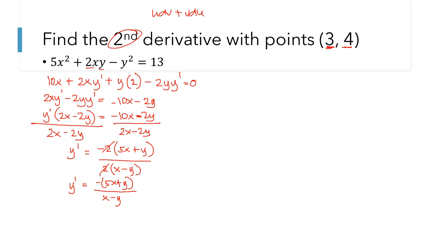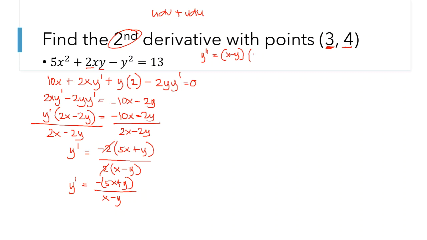So we have to use the quotient rule in finding our second derivative. So that's x minus y times derivative of our negative 5x plus y.